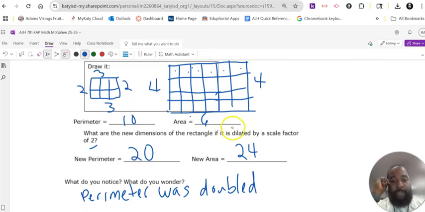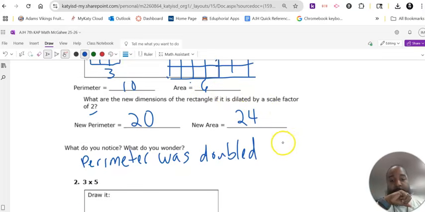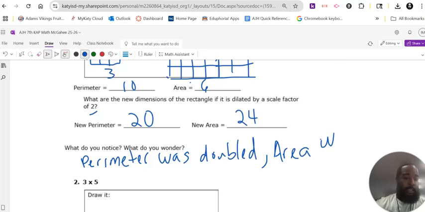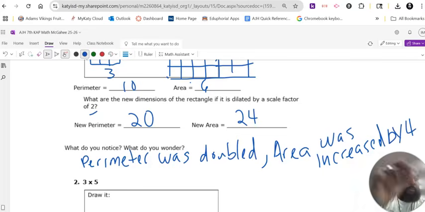No, it was multiplied by 4. Okay, so the area was increased by 4. So that's a little bit different.